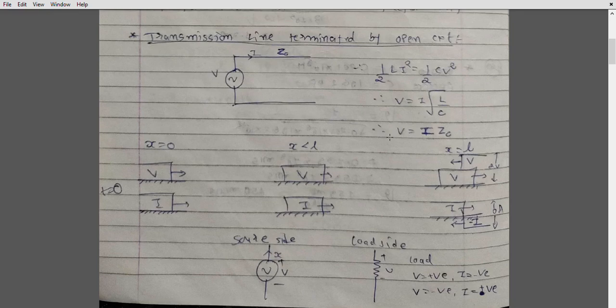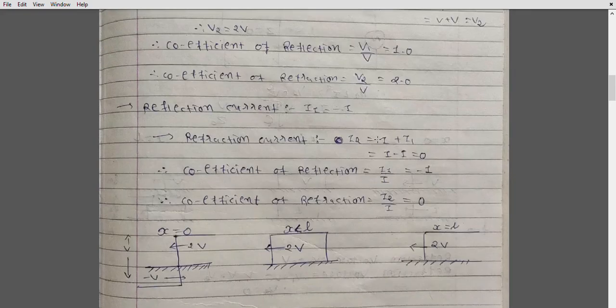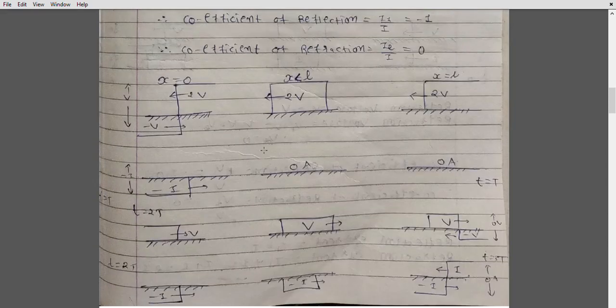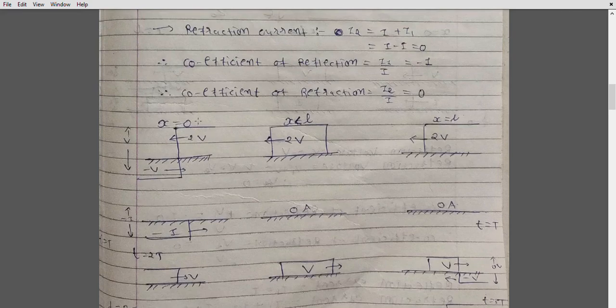Okay, now the voltage is 2V. Now voltage 2V and current minus I reach the source end, and the source keeps the voltage at the end at E, obviously, and therefore a negative wave of voltage minus V accompanied by the current minus I will originate from the sending end.